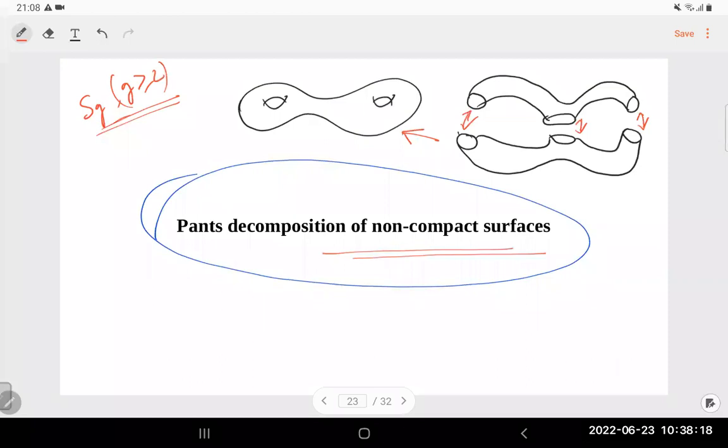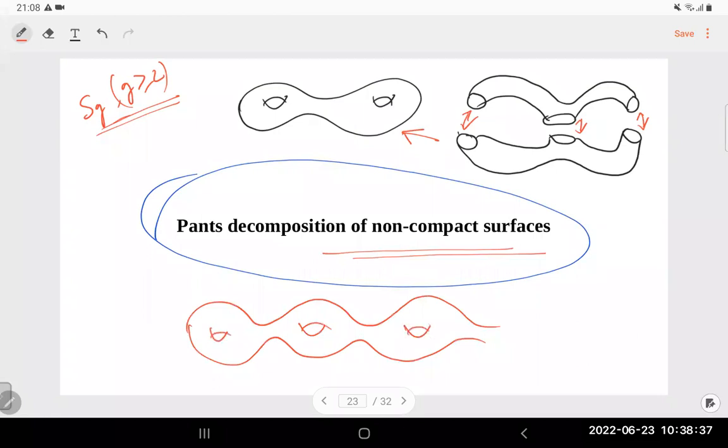Well, in the case of a non-compact surface, you can't expect that your non-compact surface can be decomposed only into pairs of pants, unless it is a very special surface, like for example, the Loch Ness monster surface. It has a decomposition using only pairs of pants, like this one.